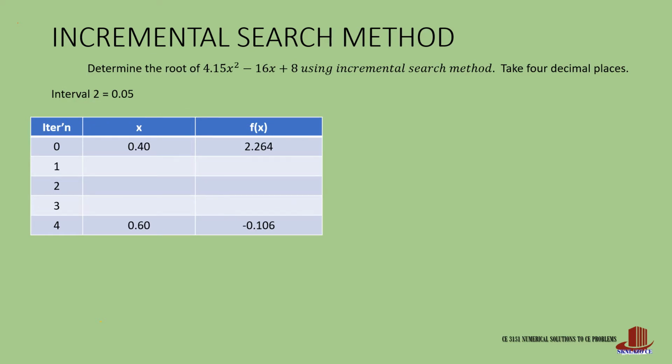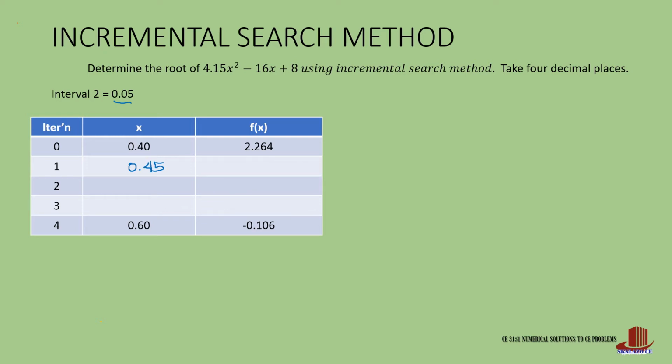Now that we have reduced our range of limits from 0 and 1 to 0.4 until 0.6, we can look for another subinterval. This time we are going to use 0.05. So from 0.4, we can work with 0.45.